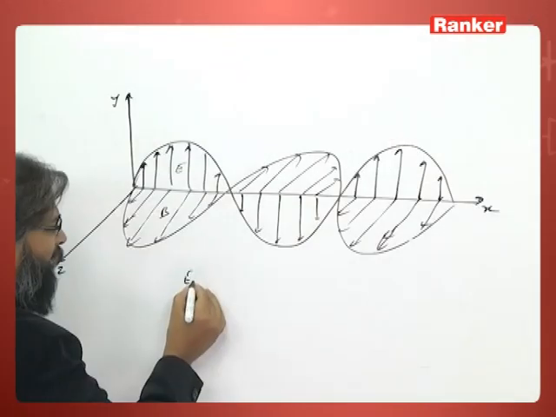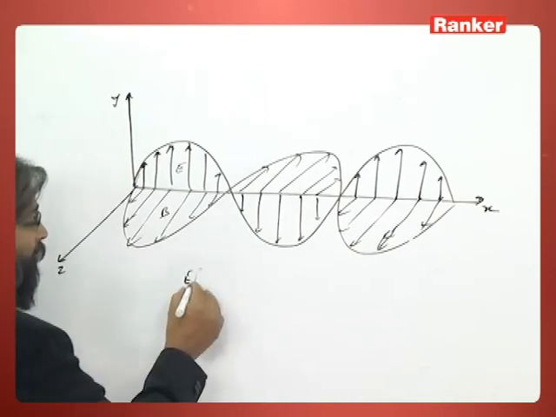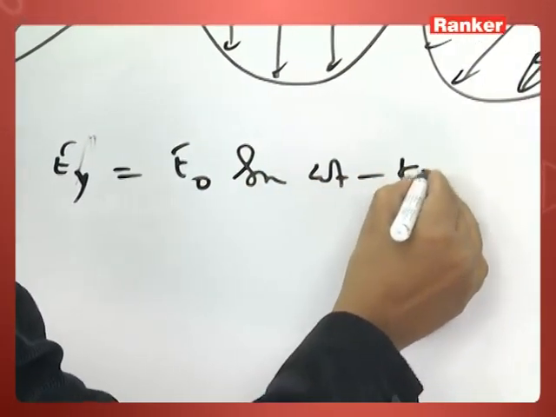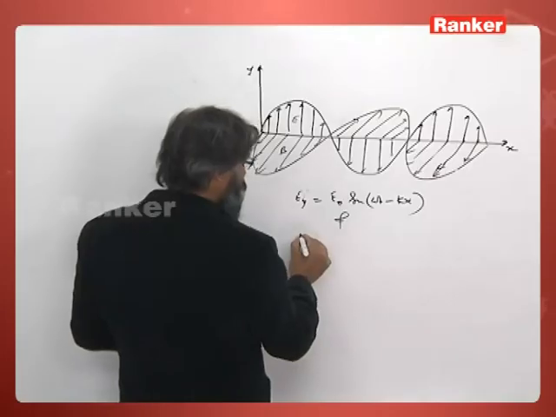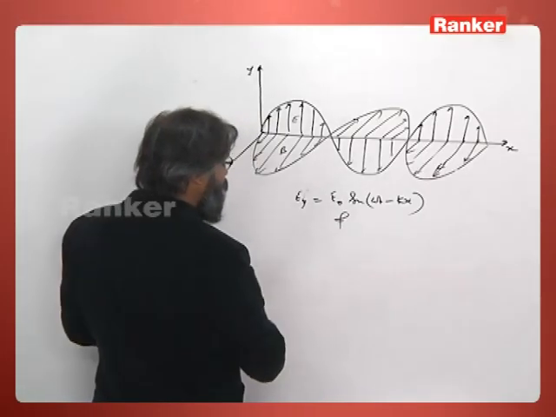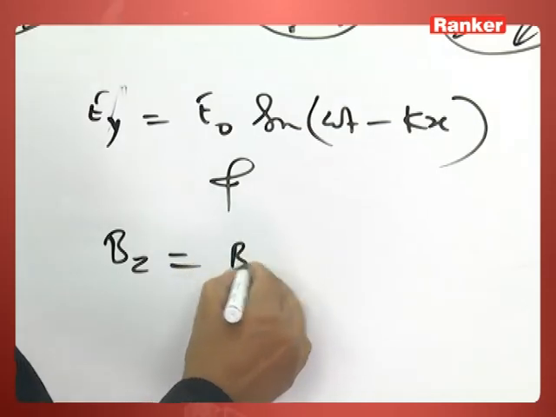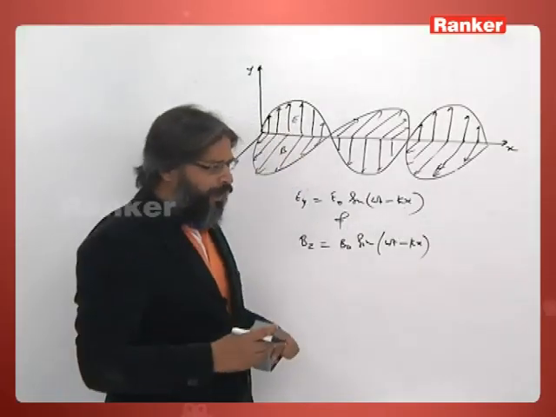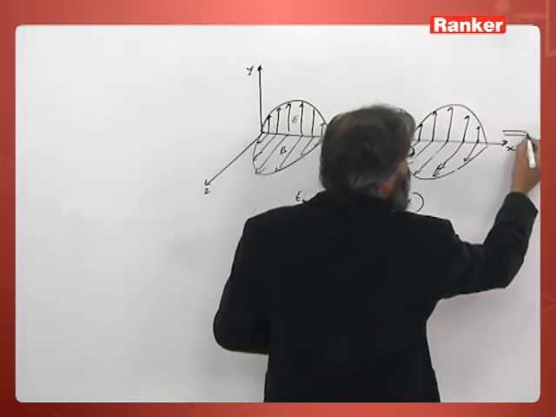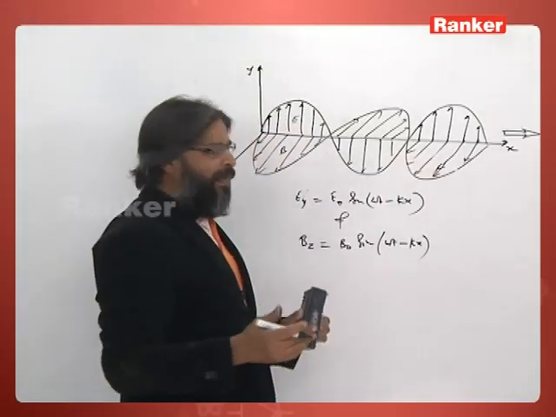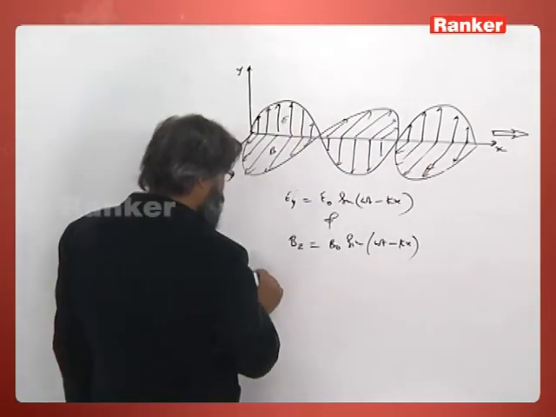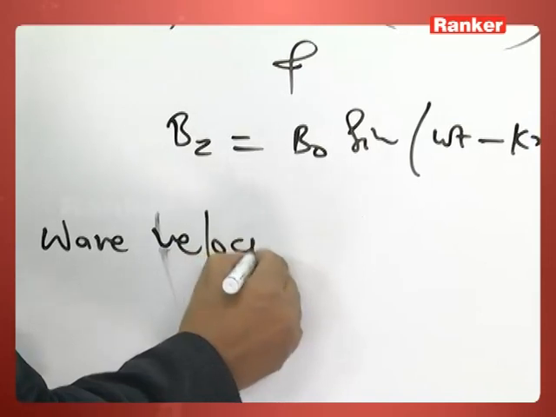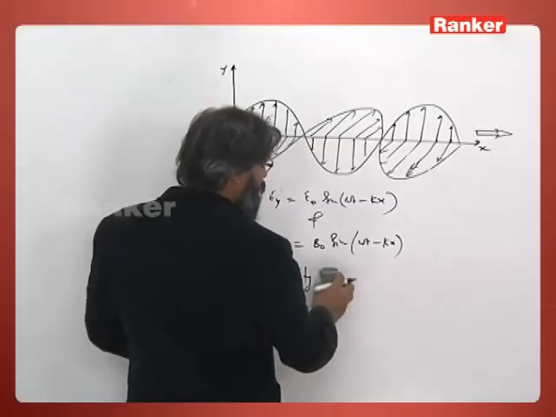Now, this E is along Y, so Ey is equal to E naught sin(omega t minus kx), and Bz is equal to B naught sin(omega t minus kx). This is the direction in which the wave propagates. The wave velocity, we will denote it by c.